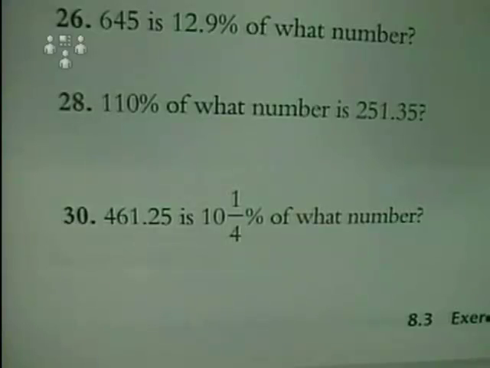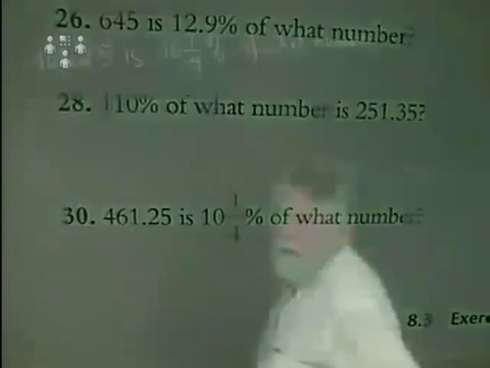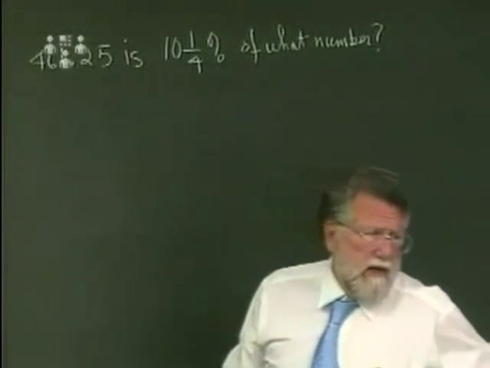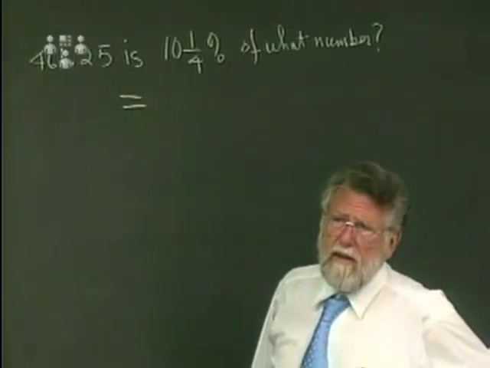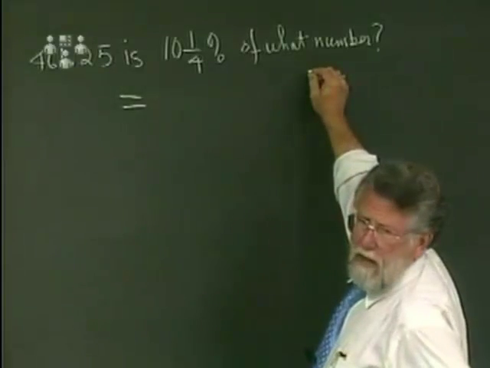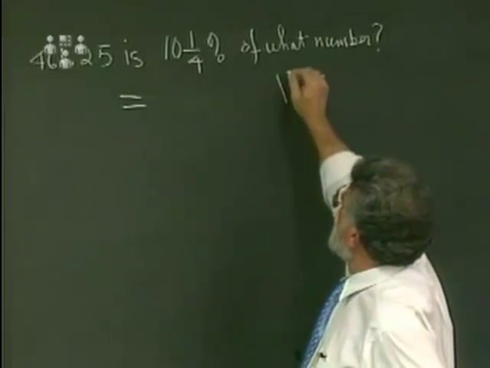461.25 is, then I have 10 1/4%, and then of what number? They take longer to write this way. But as we come off there, what are you going to do again? The equal sign. The what number is going to become your x.